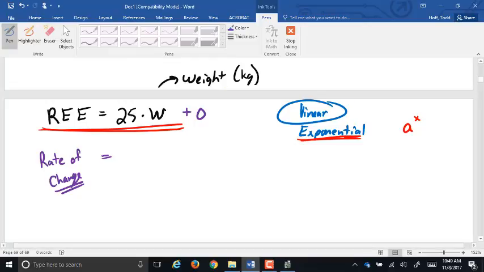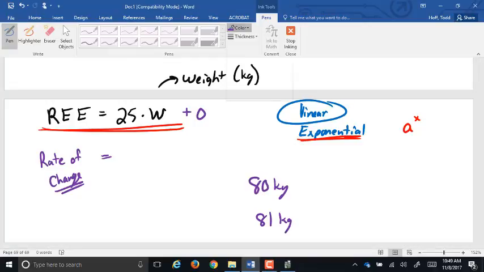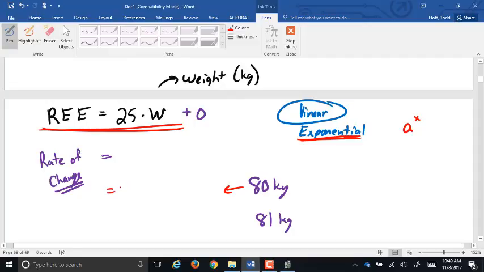Well, let's check it out. Let's look at somebody who is 80 kilograms compared to someone who is 81 kilograms. If it was 80 kilograms, this would give us 25 times 80, which is what? 25 times 80 is 2,000 calories. Good.